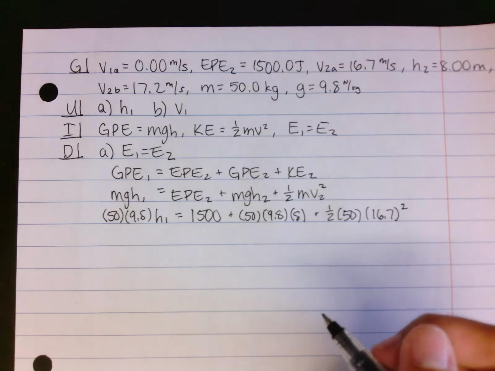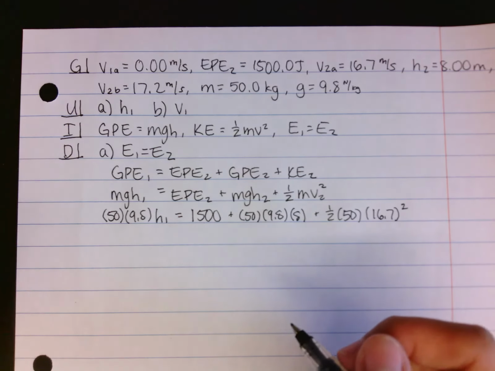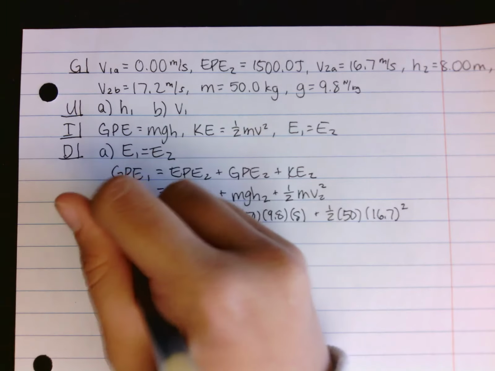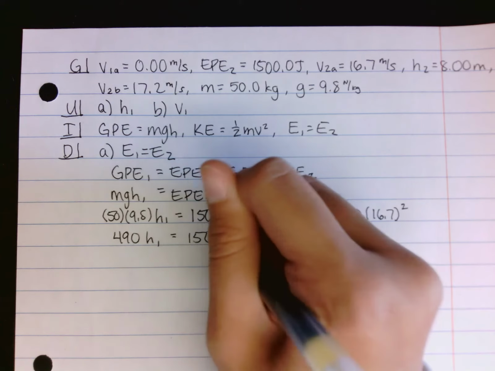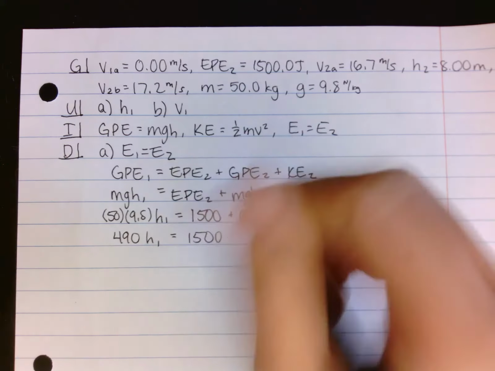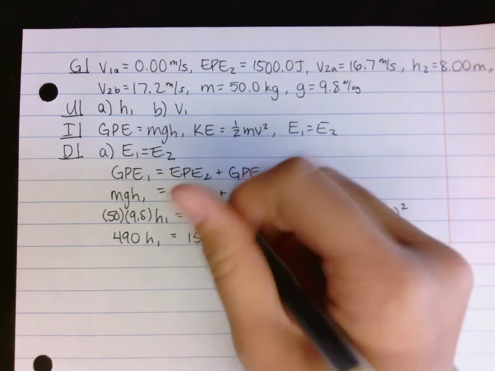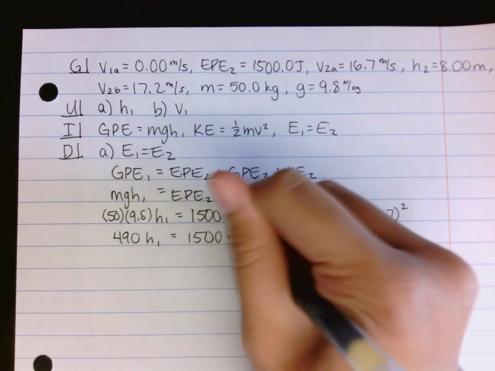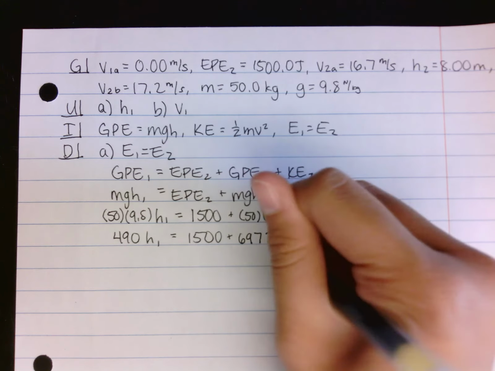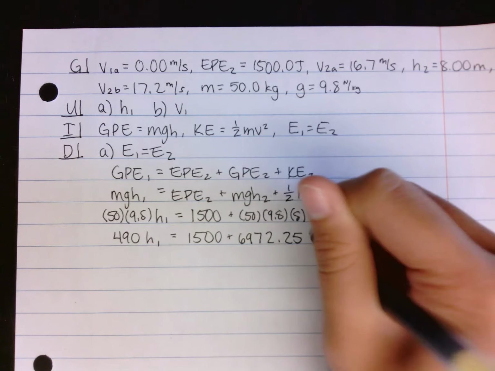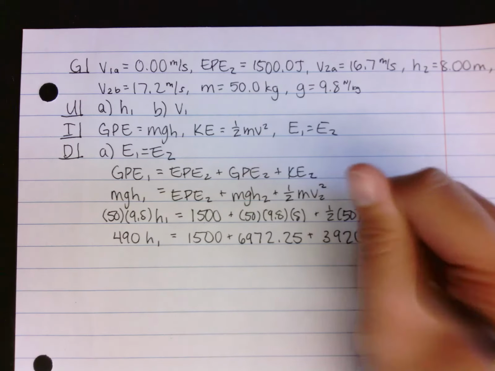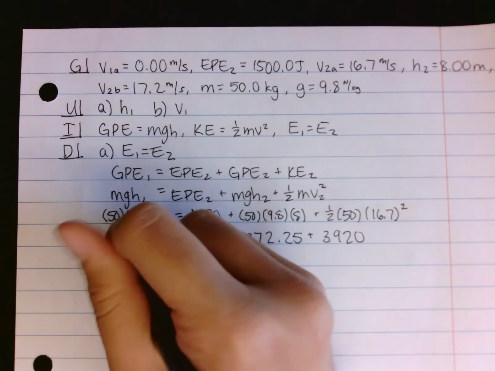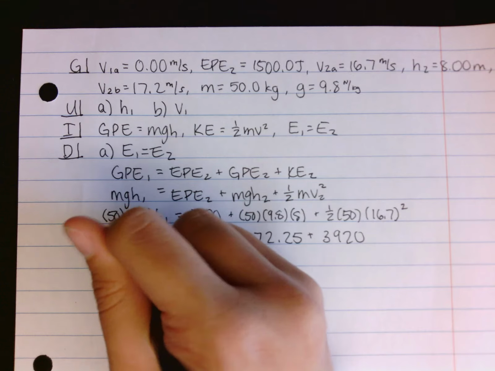And then when we do out the math, we get 490 H1 is equal to 1,500 plus 6,972.25 plus 3,920.